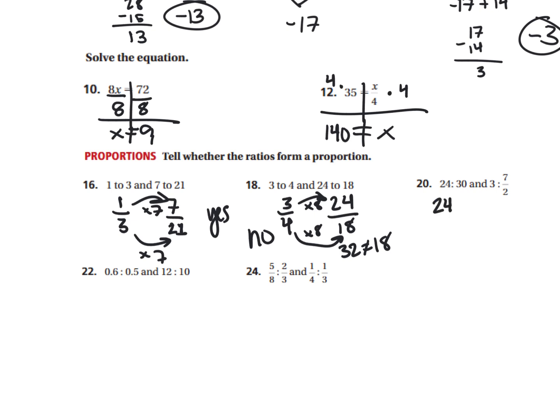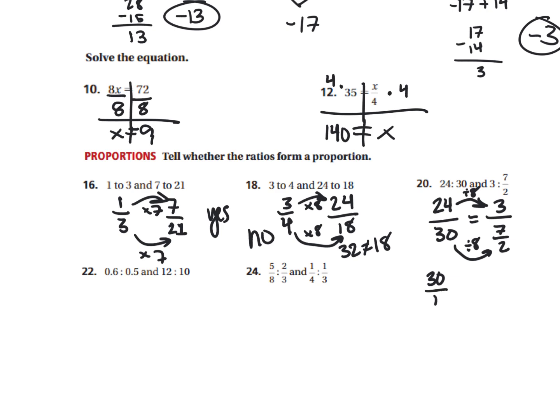Next one up, 24 to 30, and then I've got 3, and then 7.5. For me, I see that 24 divided by 8 is 3. So if this works out, 30 divided by 8 should be 7 halves.